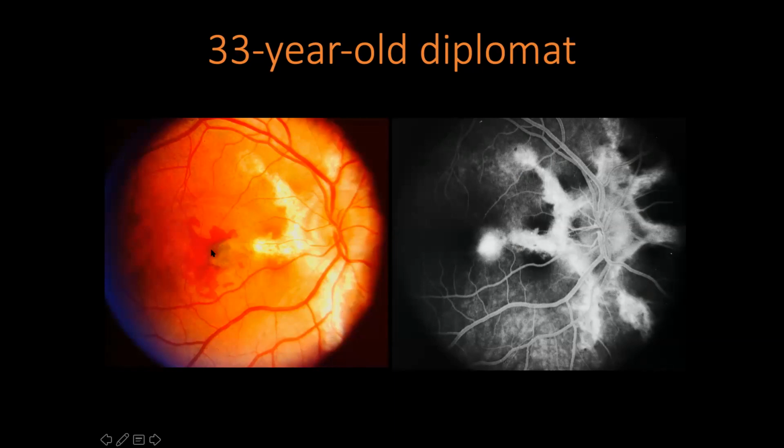You can see the pigmented or slate gray lesion adjacent to the fovea in the macula of this 33-year-old diplomat. It was surrounded by hemorrhage and treated with initially a krypton red laser because of the proximity to the center of the macula. The macula has luteal pigment, and the red wavelength of the laser did less damage than the green wavelength.